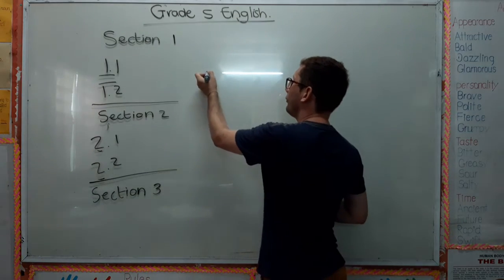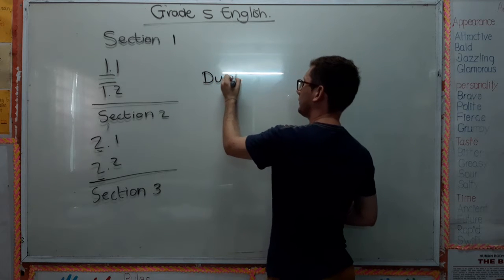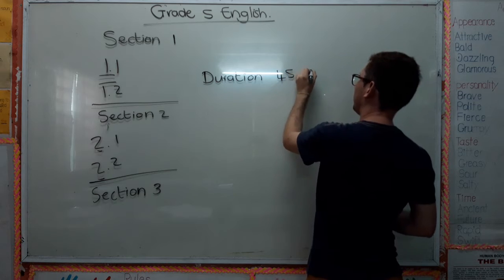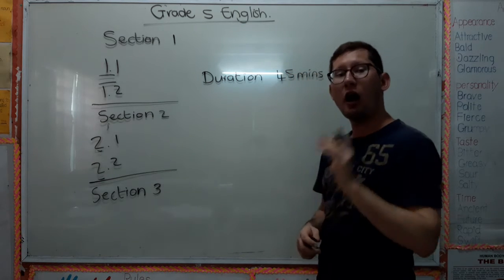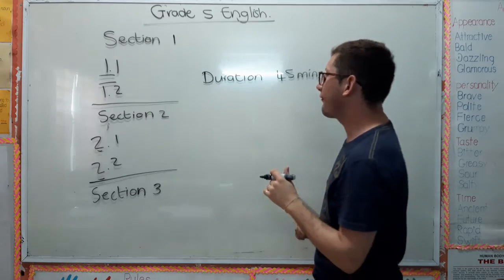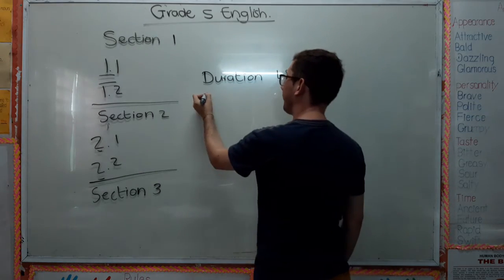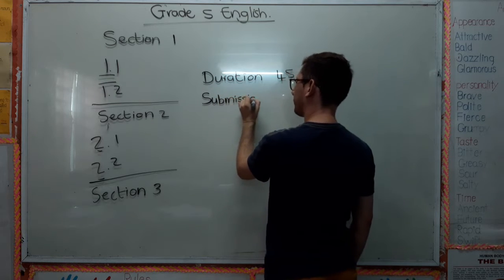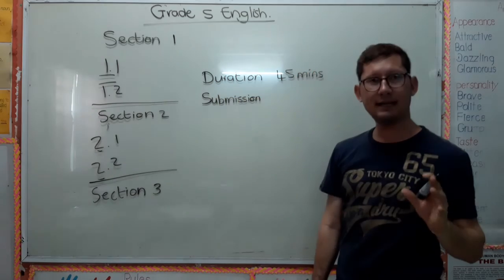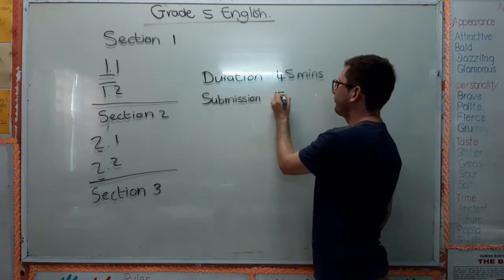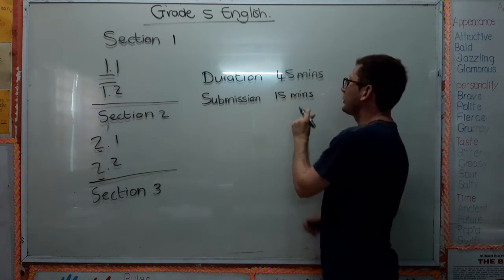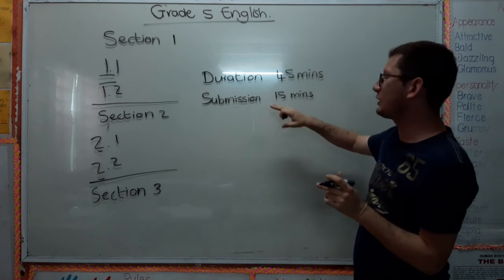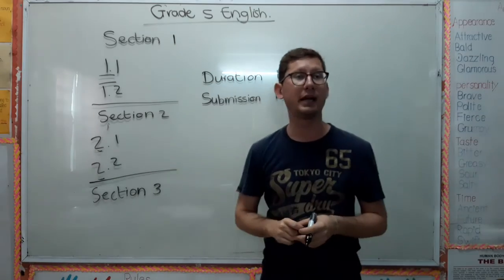After the 45 minutes, you have another 15 minutes for the submission of this test. So you have 45 minutes to write the test, and after the 45 minutes ends, you have 15 minutes to send your test to school.